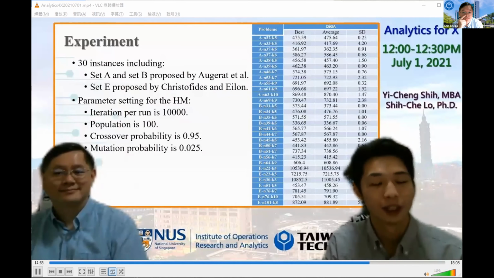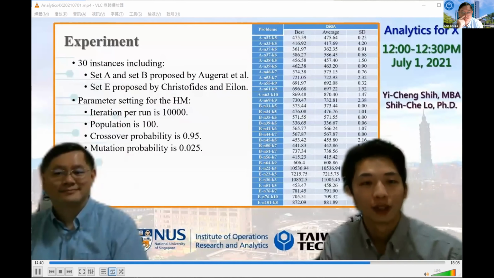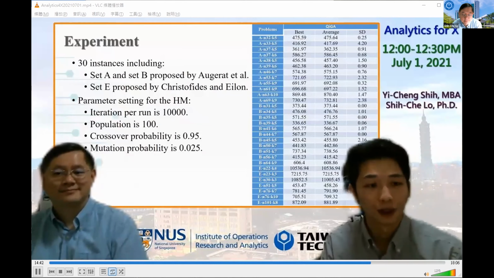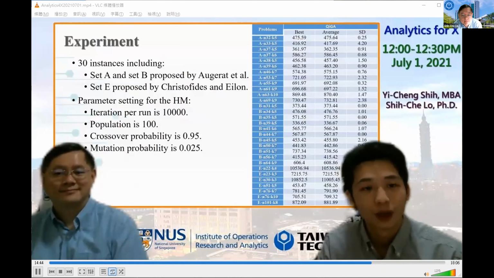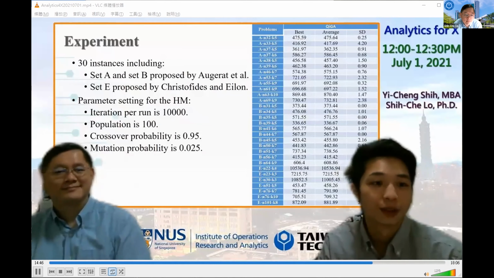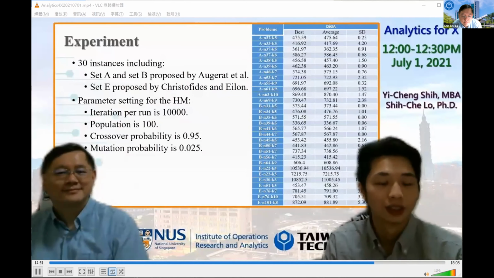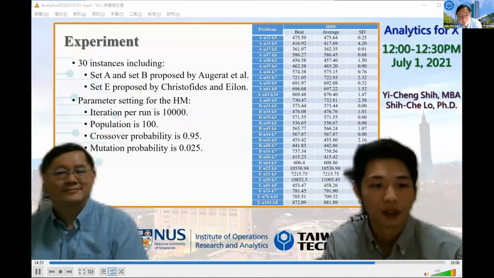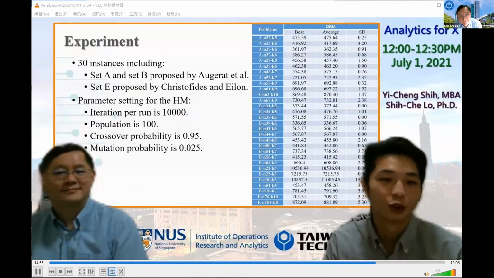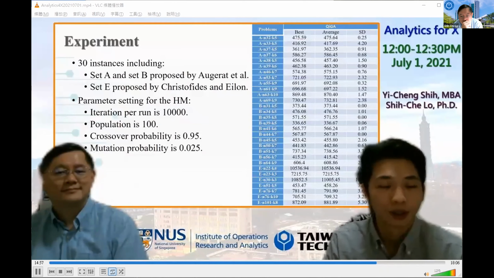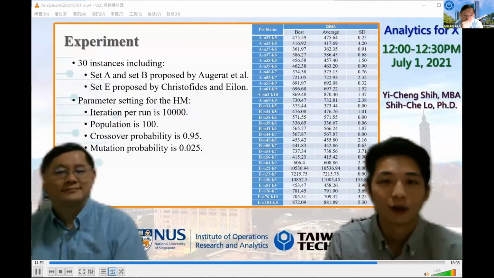After finishing the DOE, the parameter setting is as follows. Iterations per run is 10,000. Population is 100. Crossover probability is 0.95. Mutation probability is 0.025.